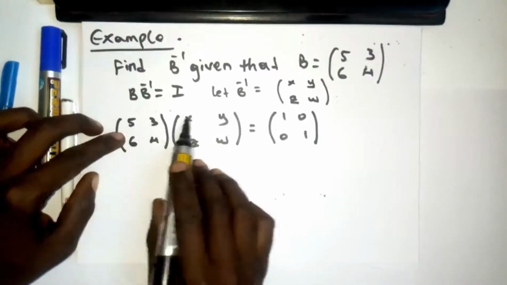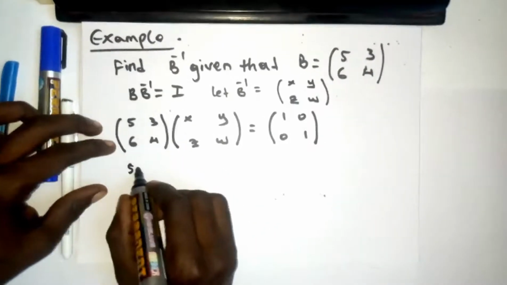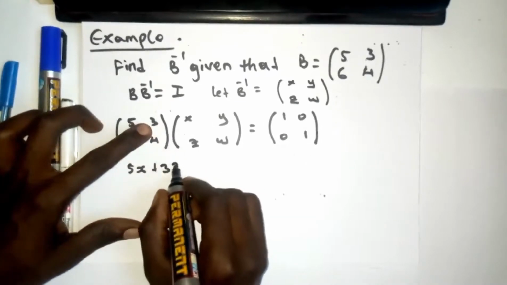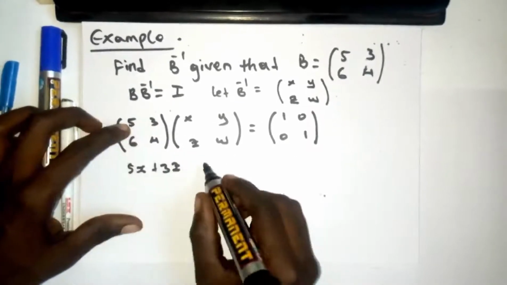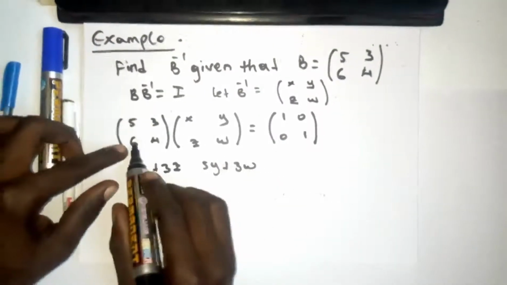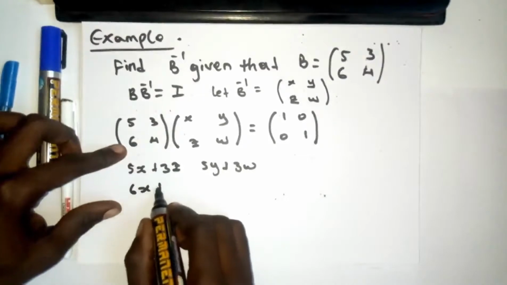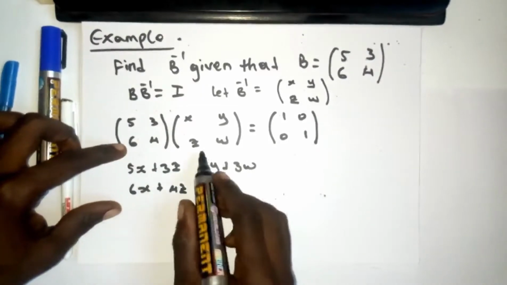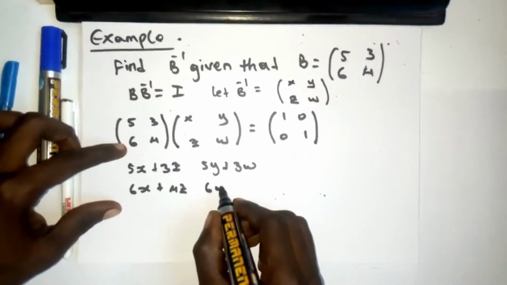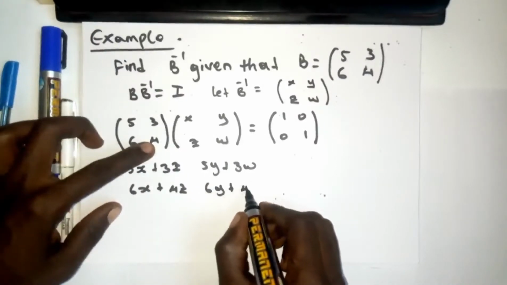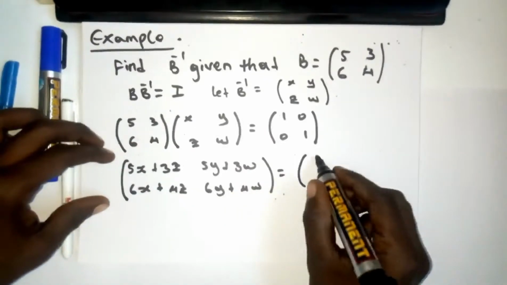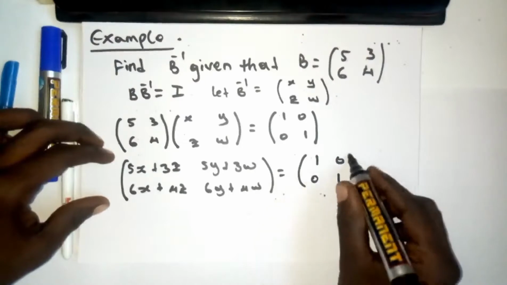So row by column, which is going to give me 5x plus 3 times that, which is 3z. Going the other side, it is 5y plus 3w. I go down to 6x plus 4z. I go to the other one, it is going to be 6y plus 4w. This one should give me 1 0 0 1.